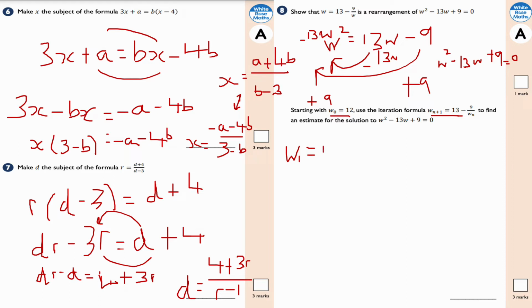I get W1 is equal to 13 minus that. Now I'm doing this on my calculator, so it's 13 minus 3/4.